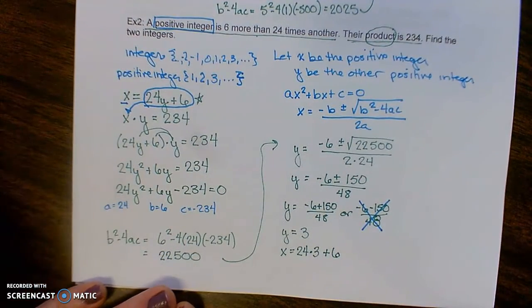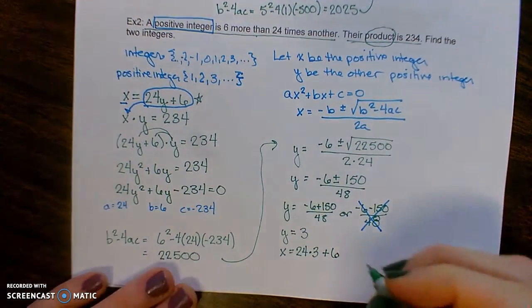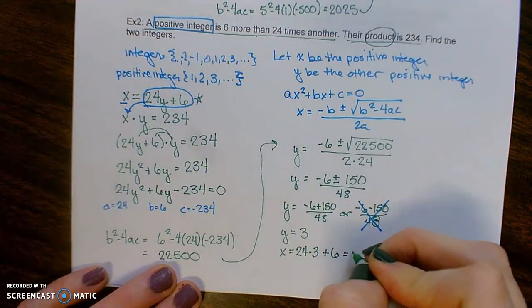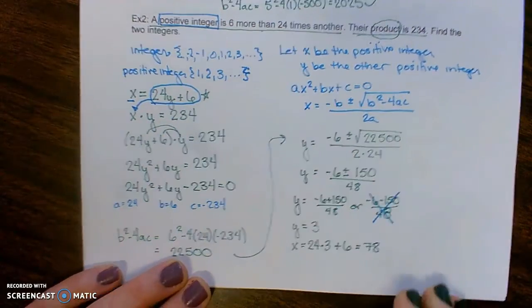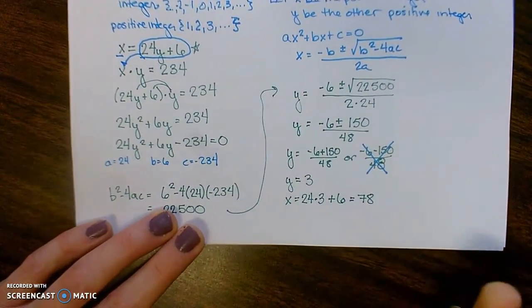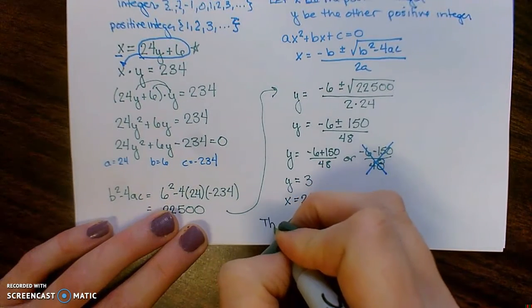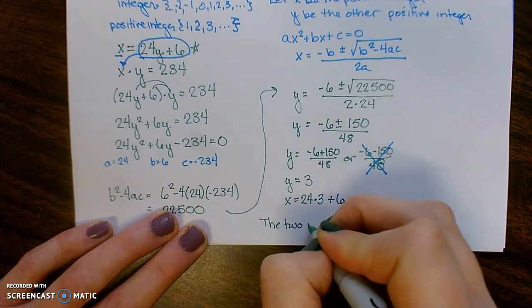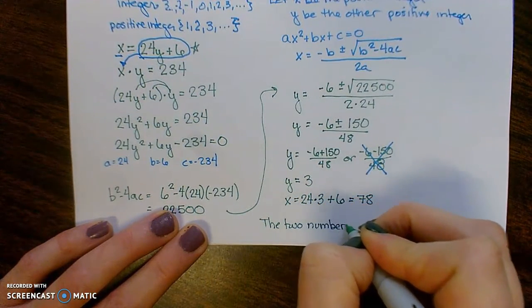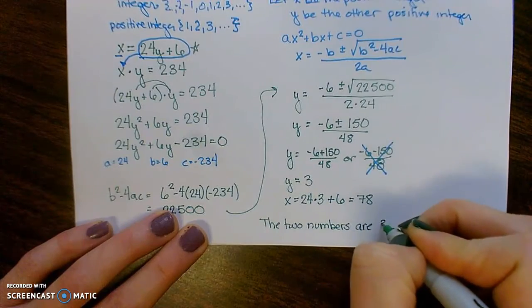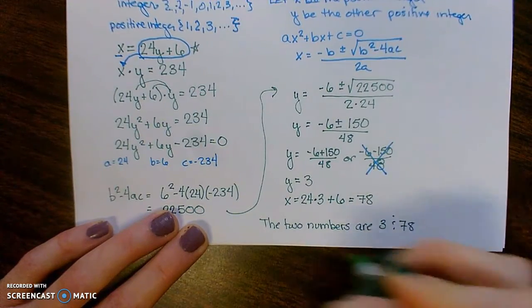So 24 times 3 plus 6 is 78. So now I can state what my solution is. The two numbers are 3 and 78.